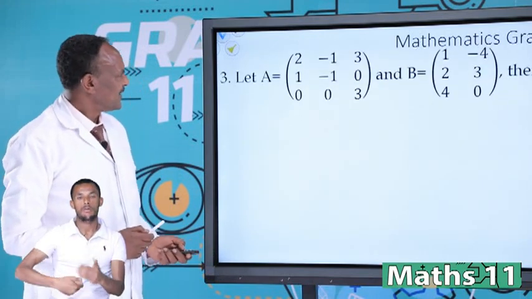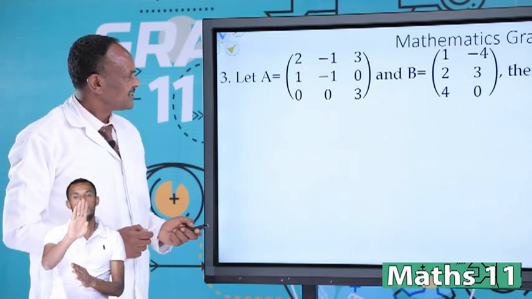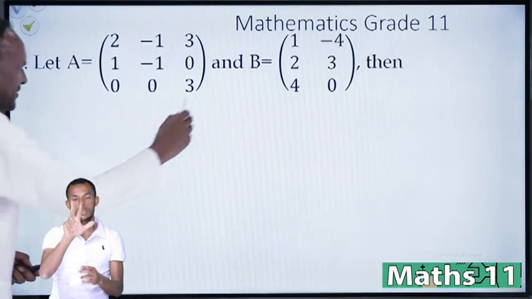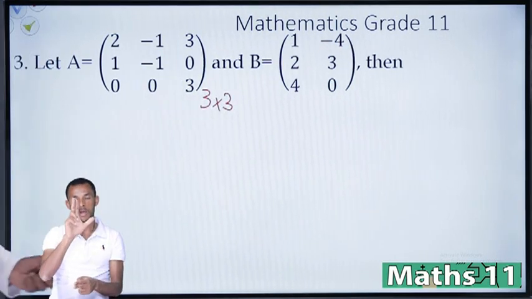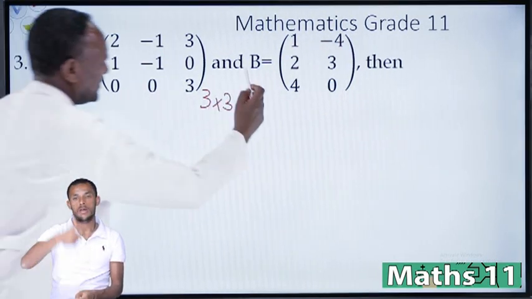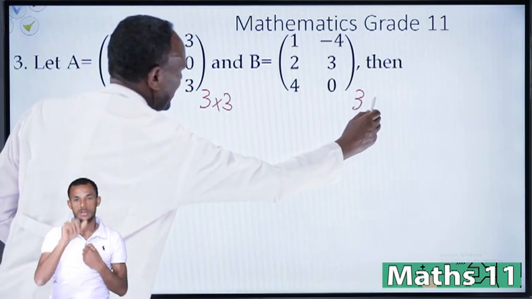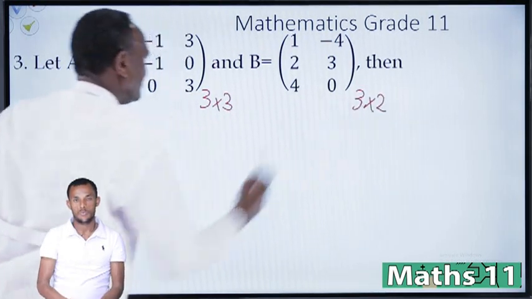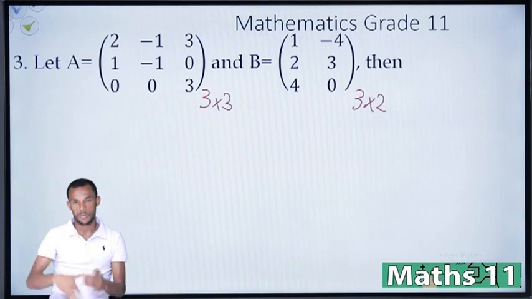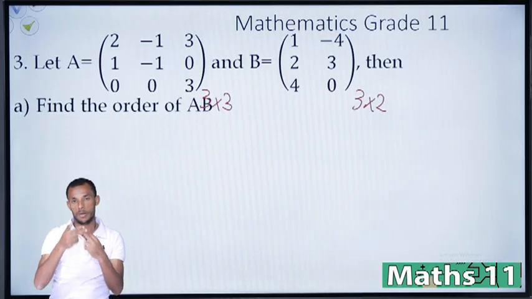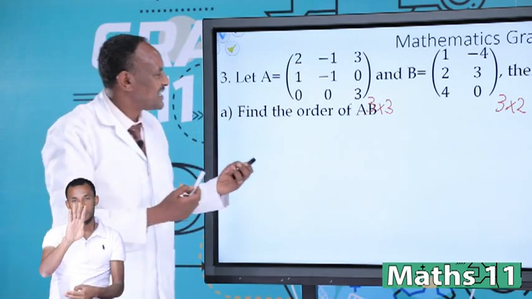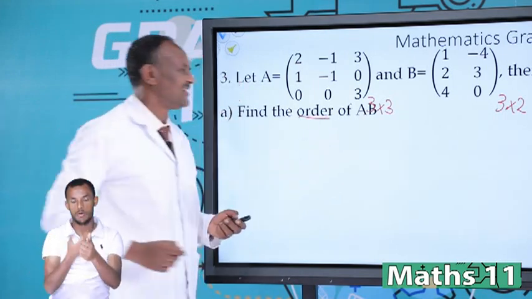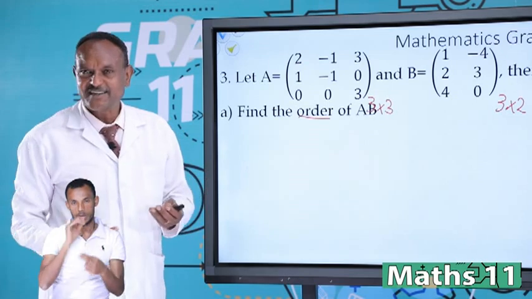The other one: let A be a 3 by 3 matrix. B is another matrix of size 3 by 2. Then is multiplication defined? What is the order of A times B? To discuss the order of matrix AB, multiplication must be defined.